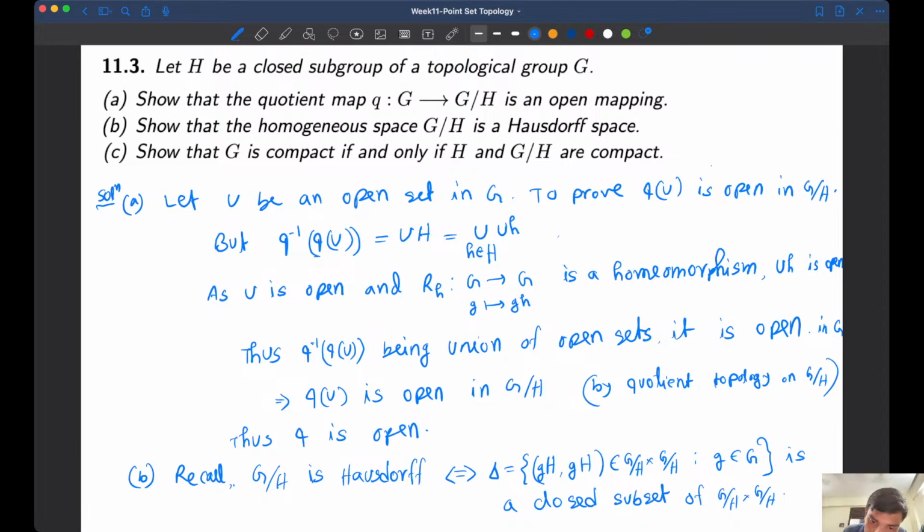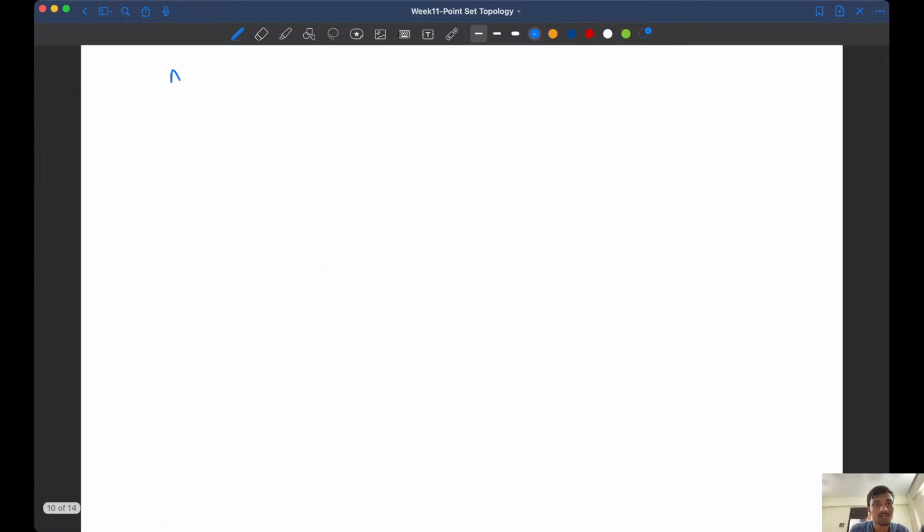If I take any element in delta complement, it will be (g1H, g2H). Note that g1 not equal to g2 is not the thing. g1H not equal to g2H if and only if g1 inverse g2 does not belong to H, because these are sets.